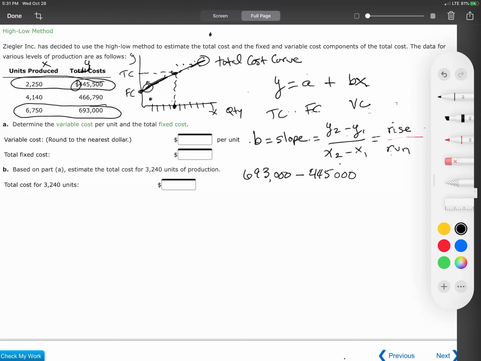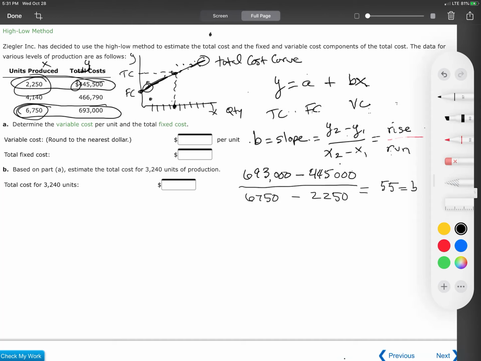What's the larger y? It is 693,000. What's the smaller y? 445,500. Whoops. I have a crack in my iPad screen. Okay. Now let's divide this by the changes in the x.